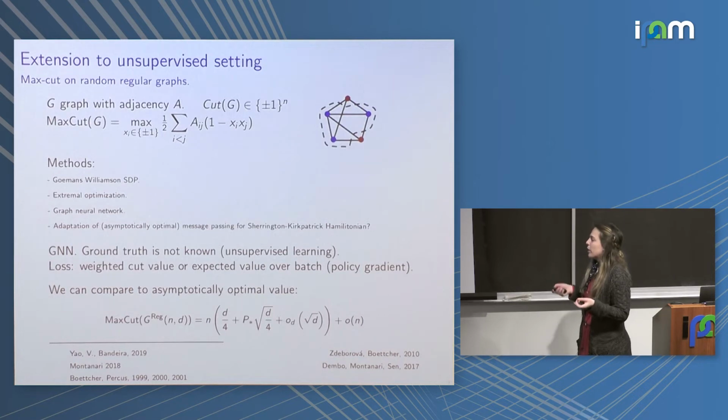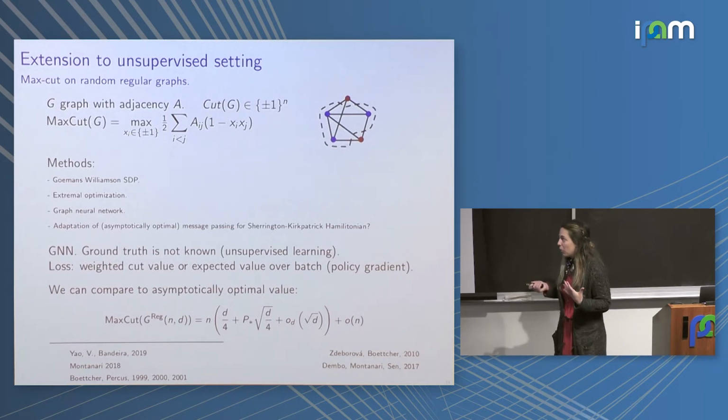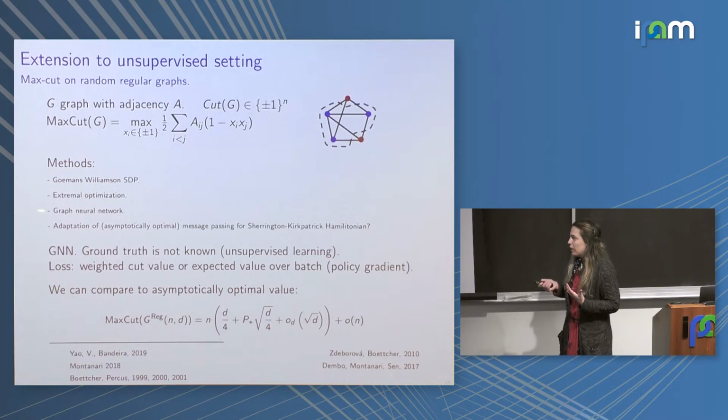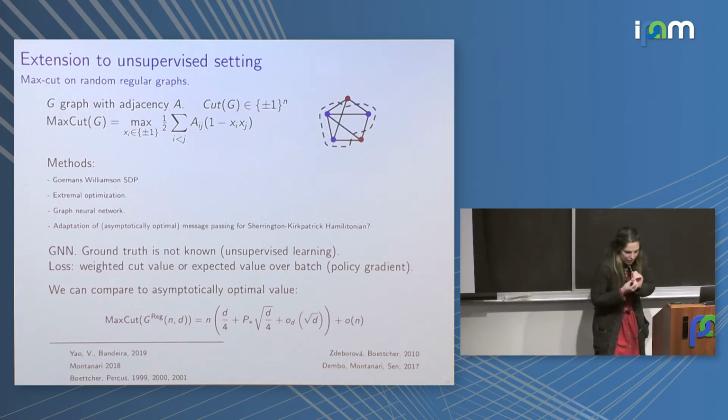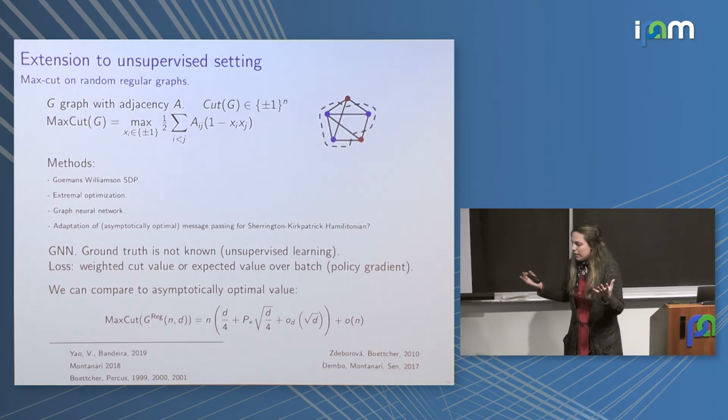And then we obtain that the graph neural network is comparable with the SDP and the extremal optimization, but the extremal optimization is the best method for this case. And the extremal optimization is a very simple, greedy algorithm.